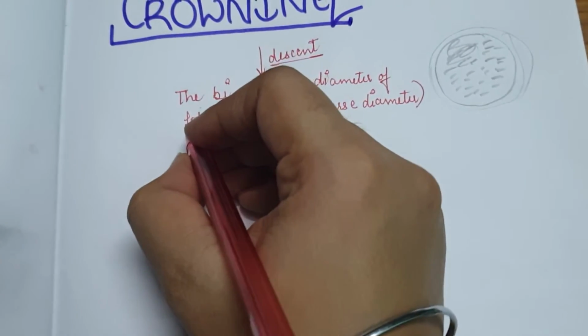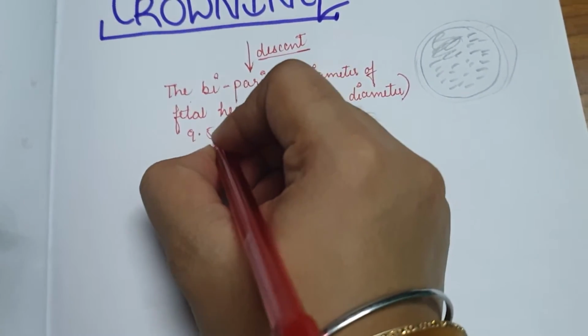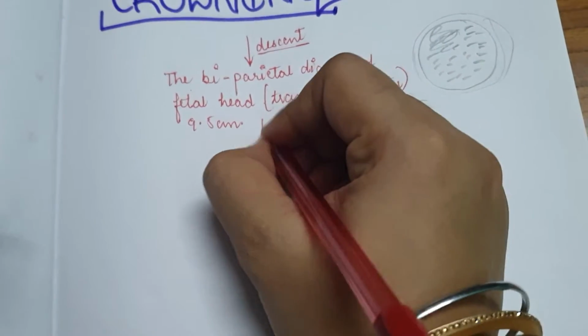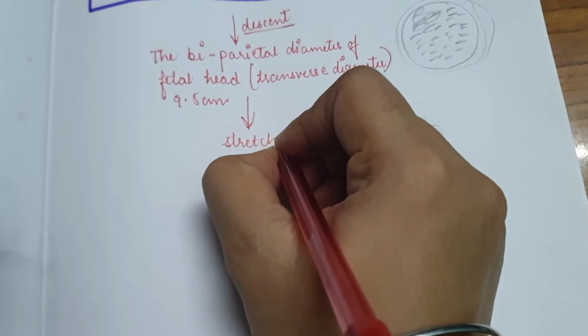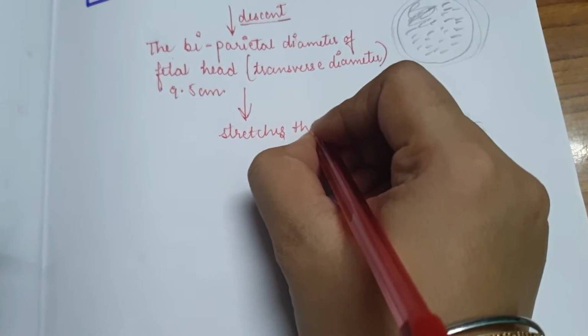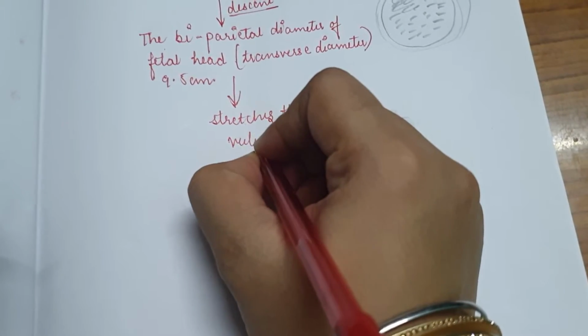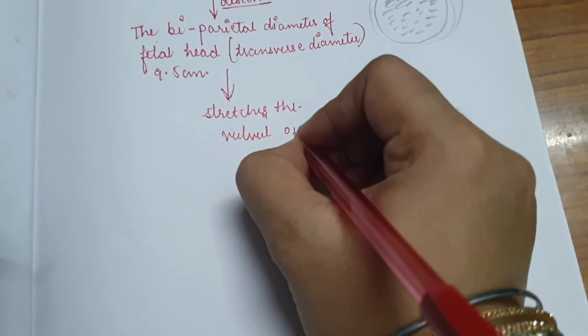So the biparietal diameter of the fetal head, that is 9.5 centimeter, stretches the vulval outlet.